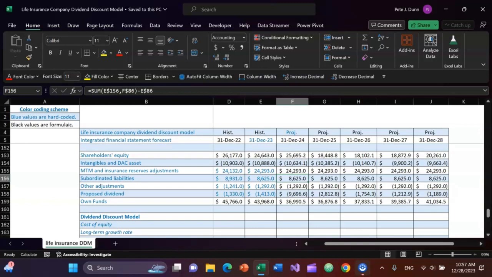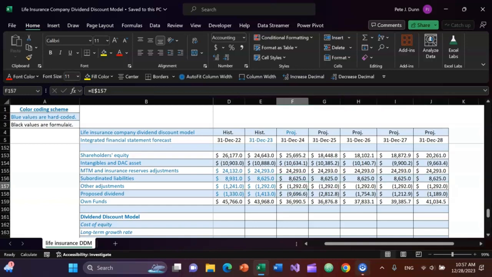Similar to subordinated liabilities. So that's an assumption that effectively, by summing up rows 156 and subtracting out row 86, I'm assuming the subordinated liabilities stay constant.